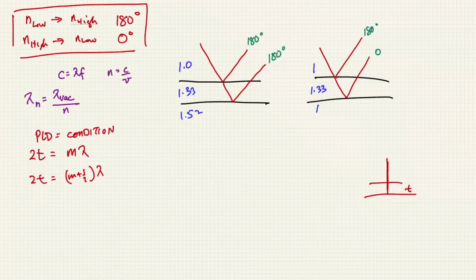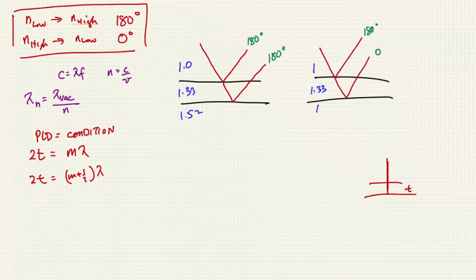I just want to warn you, with the double slit, m lambda is constructive. m plus a half is destructive. That's set in stone. That's not going to change. But with thin films, it changes. Let me see if I can help you understand why.